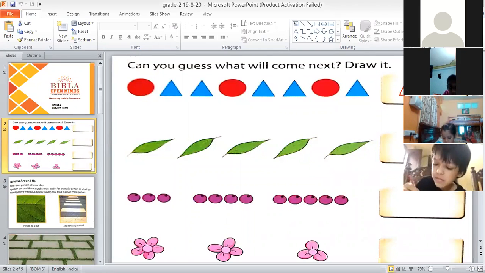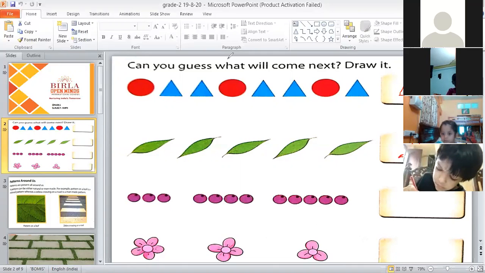Only one leaf, okay? So I am also drawing and you also try to draw. Draw a leaf like this. Okay.